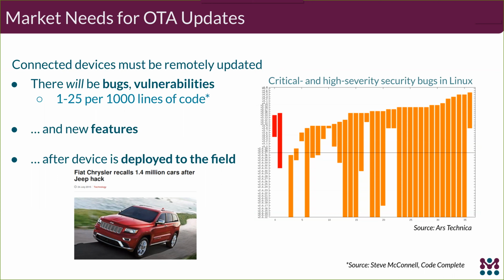You also avoid recalls if there are bugs and so on. Once devices are in the field, you can always update them to fix the problems that are found over time.